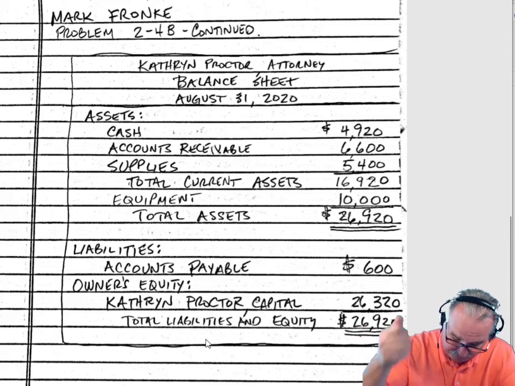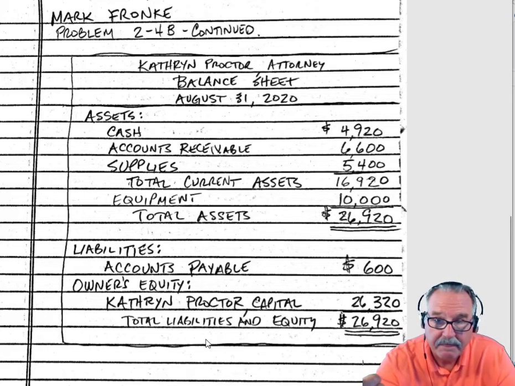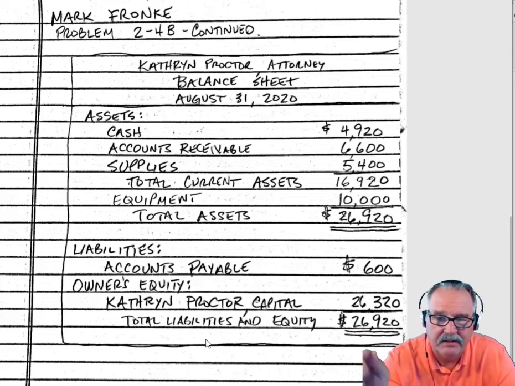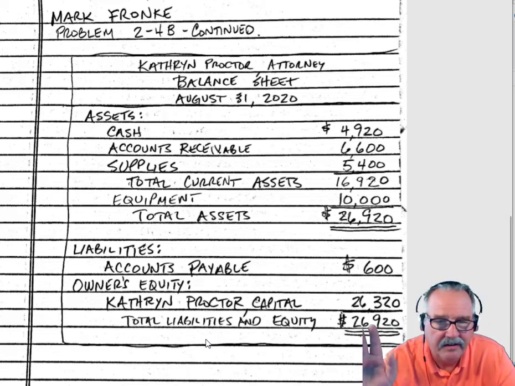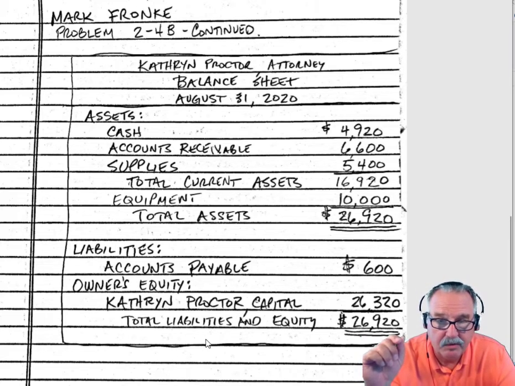So again, name and label at the top of every page. No abbreviations, show all calculations, dollar signs top and bottom of the schedule. The dollar signs are really just for financial statements. You don't have to put dollar signs on schedules and other things, but financial statements will look for that.